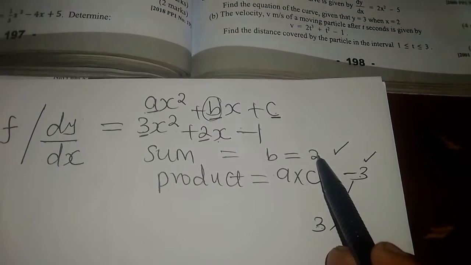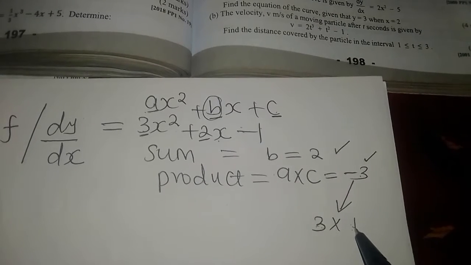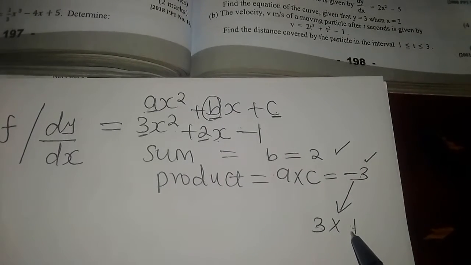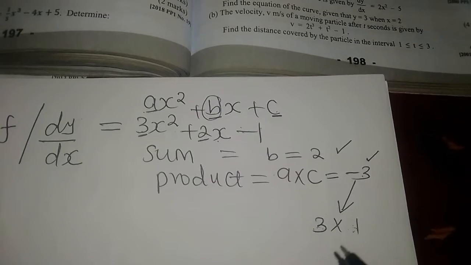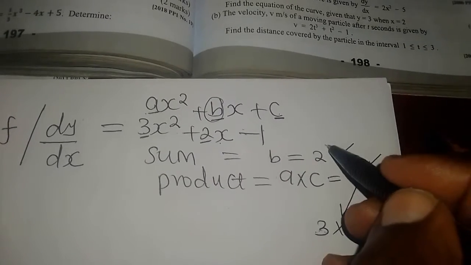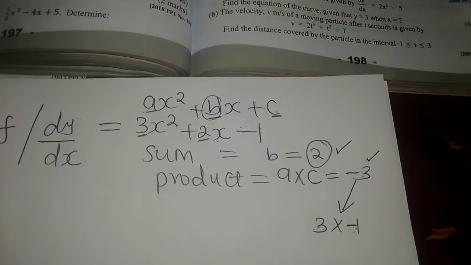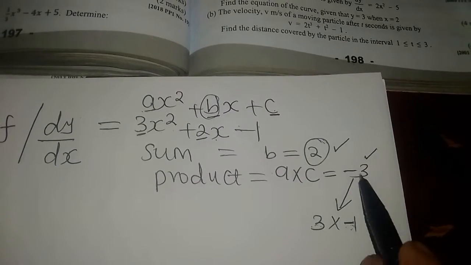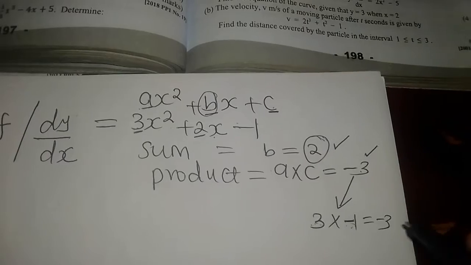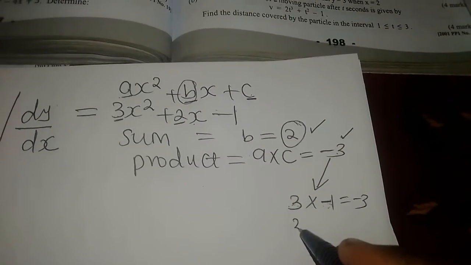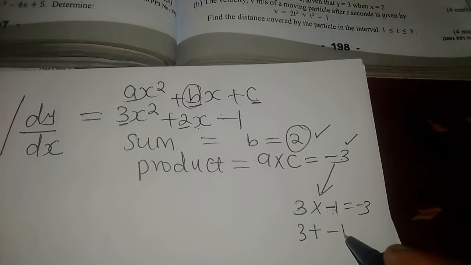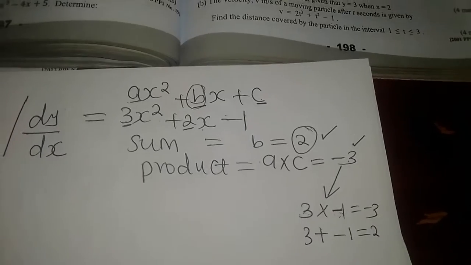Because the sum is positive, the smaller number becomes negative. So 3 times negative 1 is negative 3, and 3 plus negative 1 is 2.